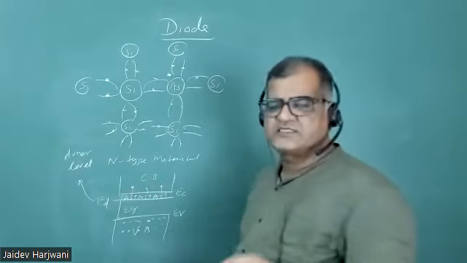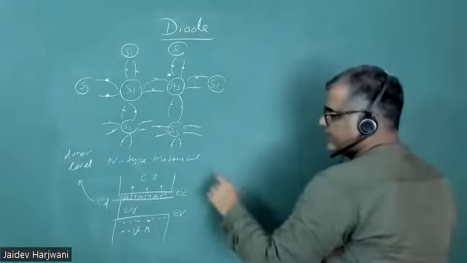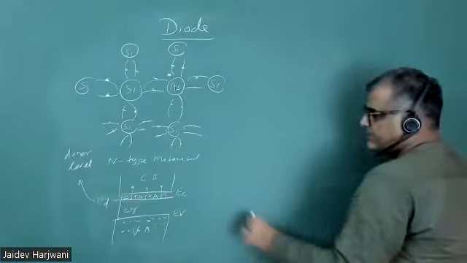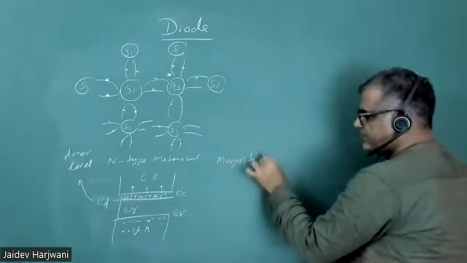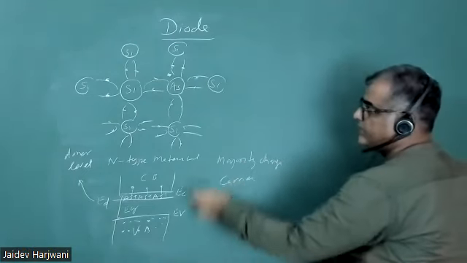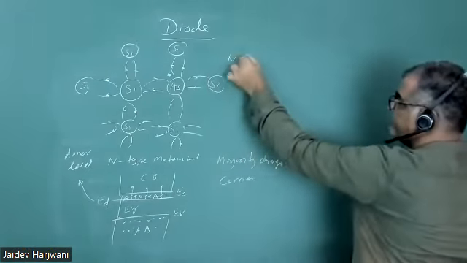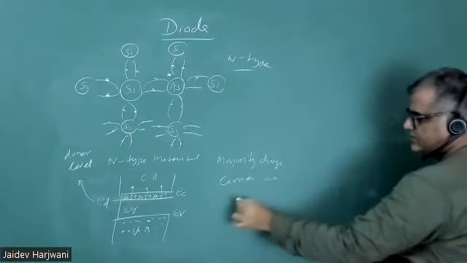That's why the extrinsic semiconductor has very high conductivity. So the n-type material has majority charge carriers as electrons. I'm discussing n-type now, so in n-type the majority charge carriers are electrons.